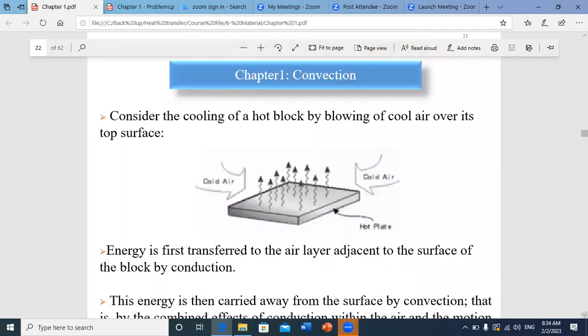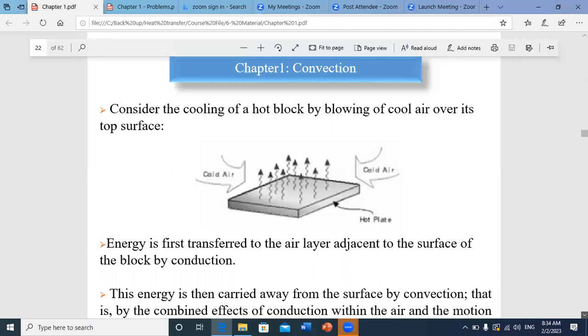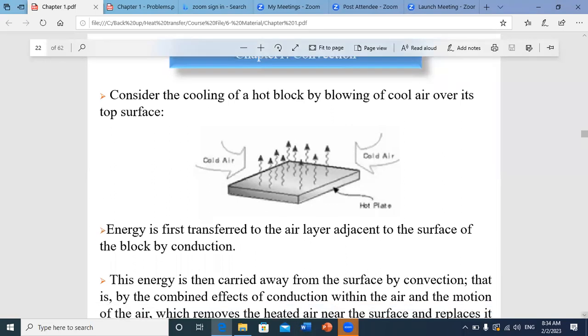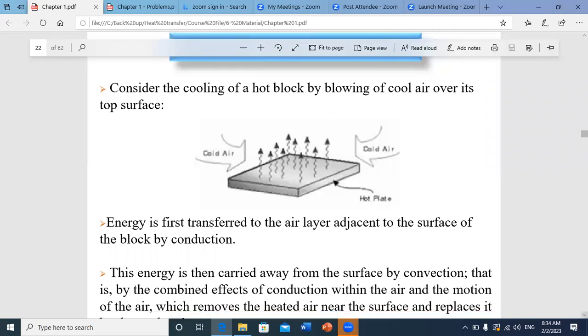Now, let us consider the following example to understand how we can have energy transfer by different modes. If you consider the cooling of a hot block by blowing cool air over it, first you have the conduction mode of heat transfer, because energy will first be transferred within your solid.